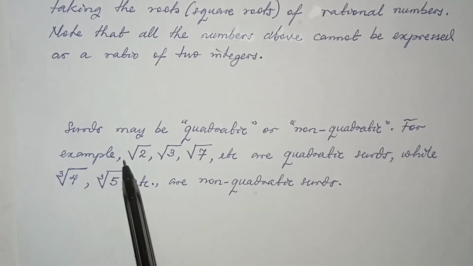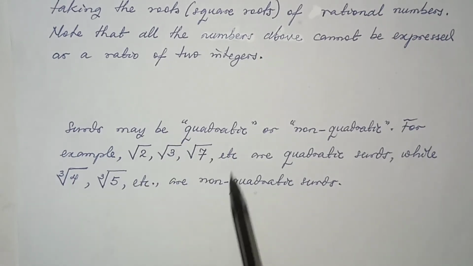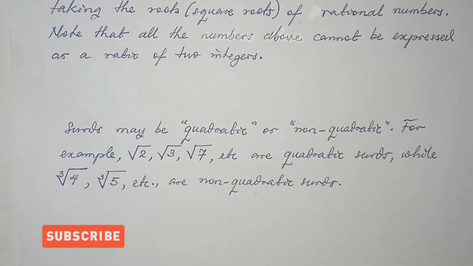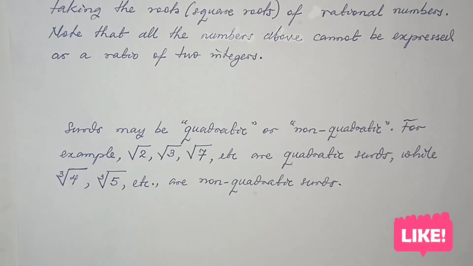For example, square root of 2, square root of 3, square root of 7 are examples of quadratic surds, while the cube root of 4, the cube root of 5 can be called examples of non-quadratic surds. So quadratic surds, simply put, are surds that are formed by taking the square root of rational numbers. Non-quadratic surds are surds that are formed by taking higher roots of rational numbers.